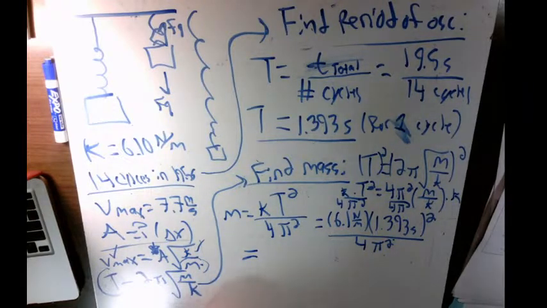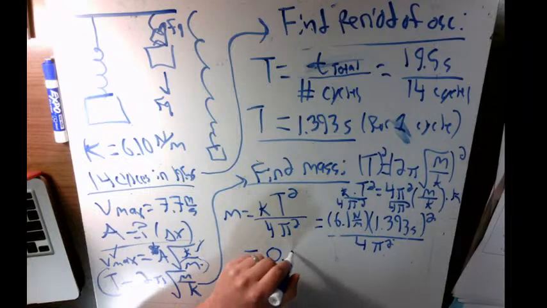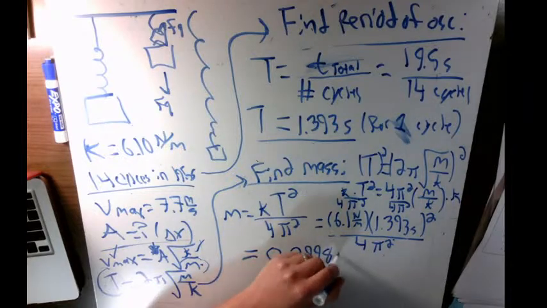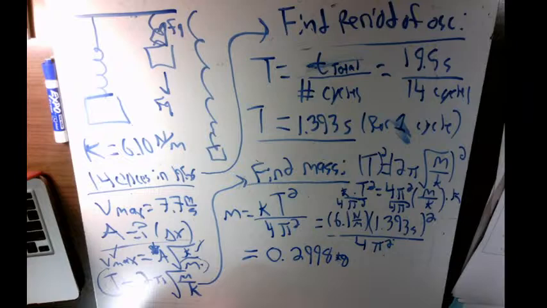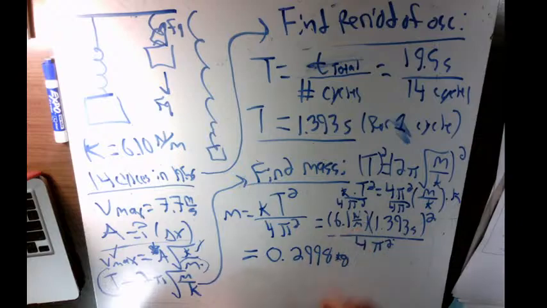So throw that in our calculator. 6.1 times 1.393 squared divided by 4 pi squared. We get a mass of 0.2998 kilograms. Kilograms is coming from our newtons, which is mass times acceleration, right? Seconds squared will cancel out the seconds of acceleration, and meters will cancel out the meters of acceleration.